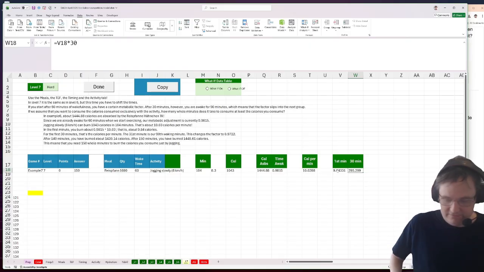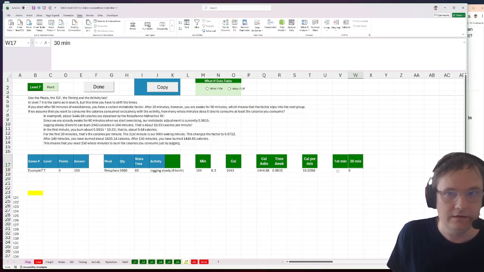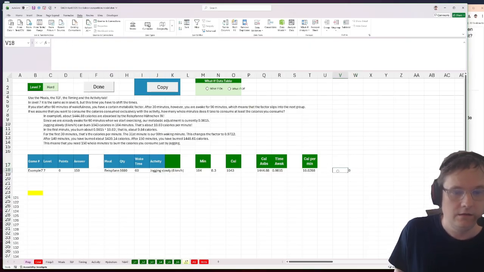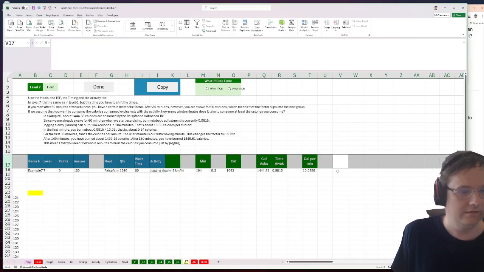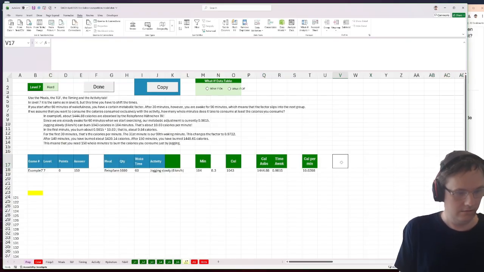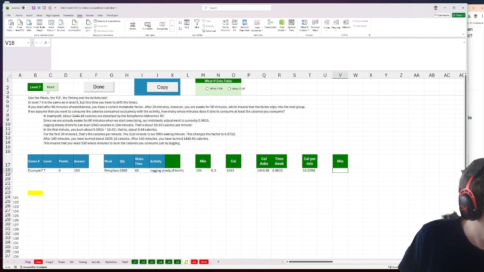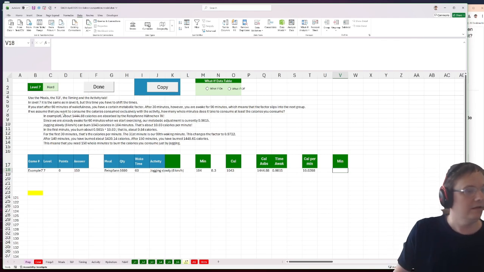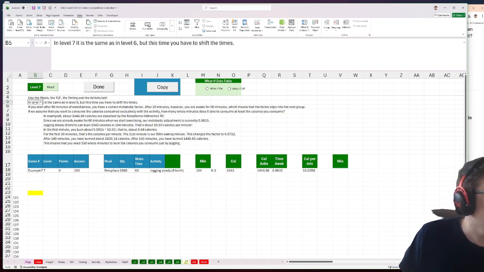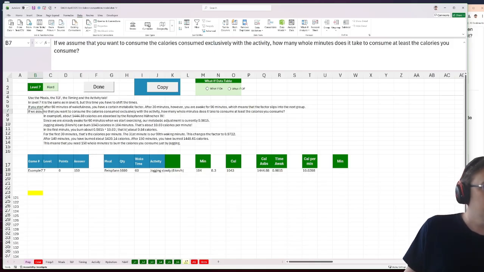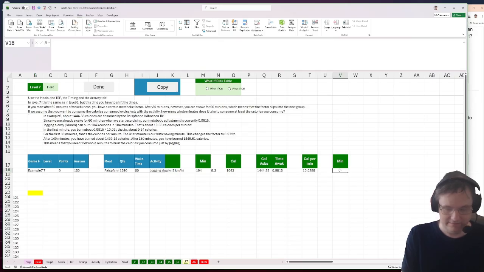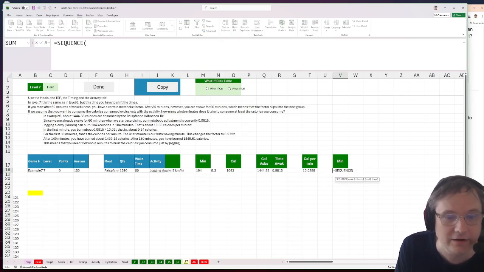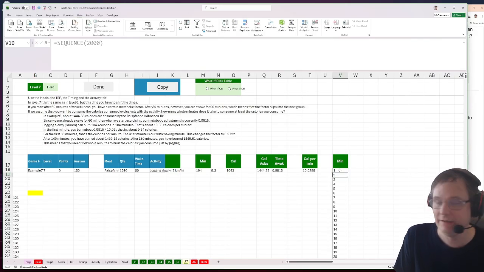Okay, so then the factor is for minutes, right? So then, all right, so the minutes, if you start after 60 minutes awake, after 30 minutes, if you assume you want to consume, how many whole minutes does it take to get to this? So that it could take a lot, right? So let's say up to 2,000 minutes.